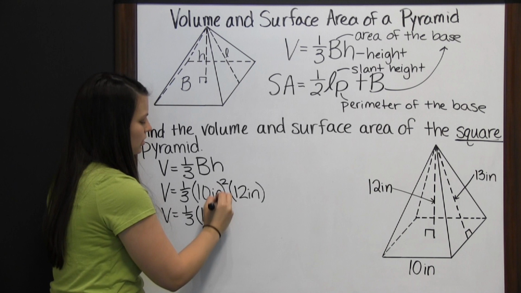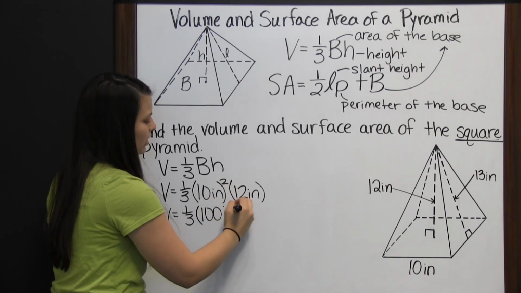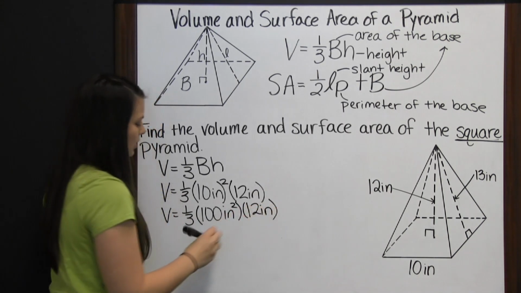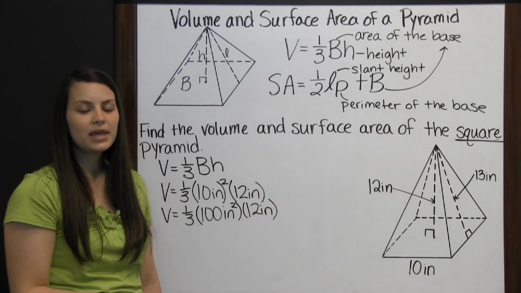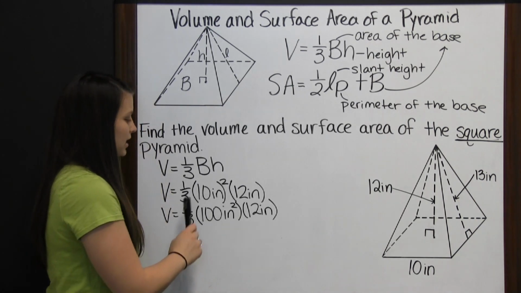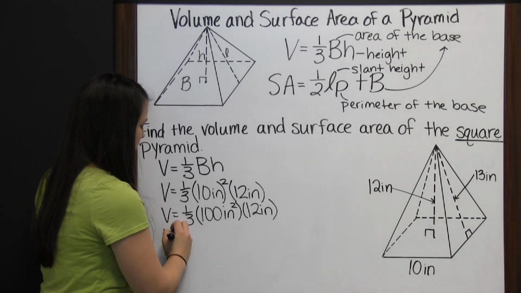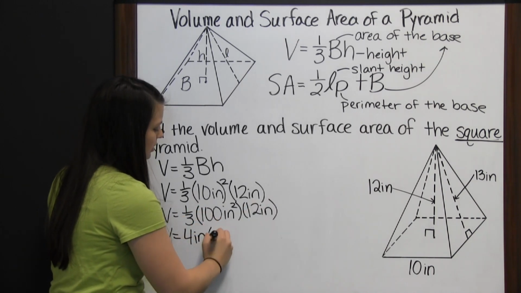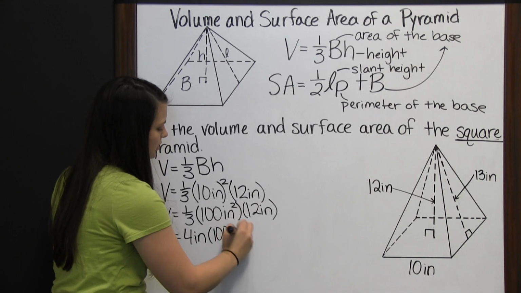Inches squared is inches squared. Times 12 inches. Now all I have left is multiplication, so I can multiply in any order. I'm going to take 1/3 of 12 inches first. 1/3 of 12 inches is 4 inches times 100 inches squared.